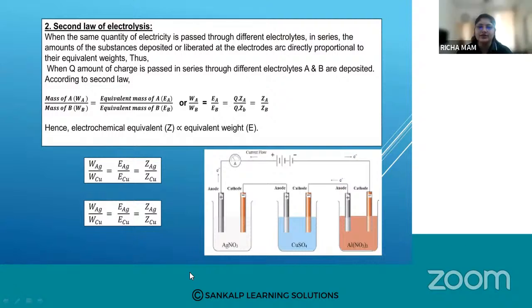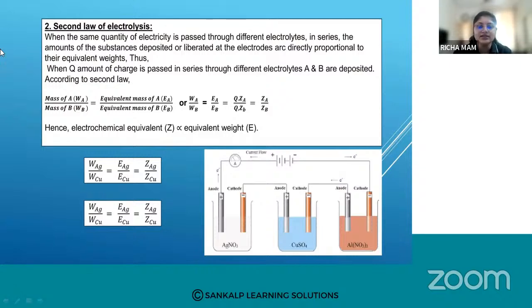Okay, fine. So let us go for the second law of electrolysis. What does Faraday's second law of electrolysis state? It states that when the same quantity of electricity is passed through different electrolytes.